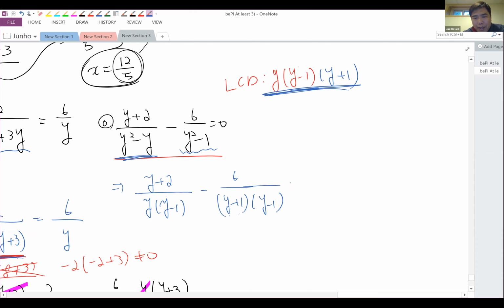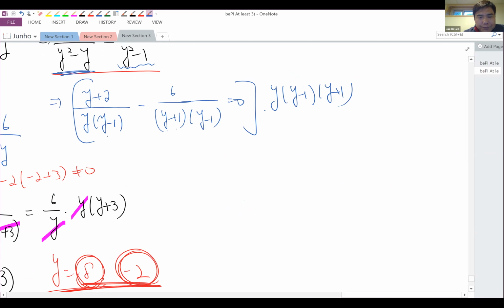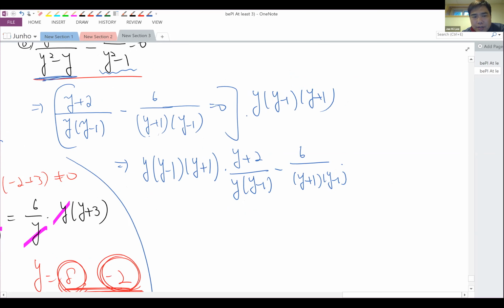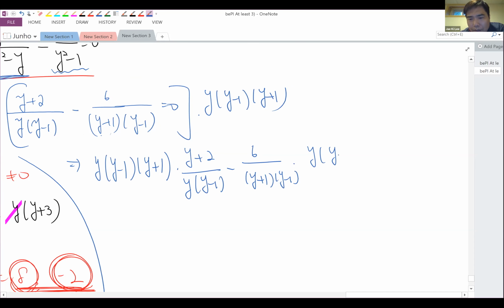Now we multiply that here. So we multiply y minus 1 and y plus 1 into this expression. Then this becomes y minus 1, y plus 1 times y plus 2 over y minus 1 minus 6 over y plus 1, y minus 1 times y minus 1, y plus 1 equal to 0.